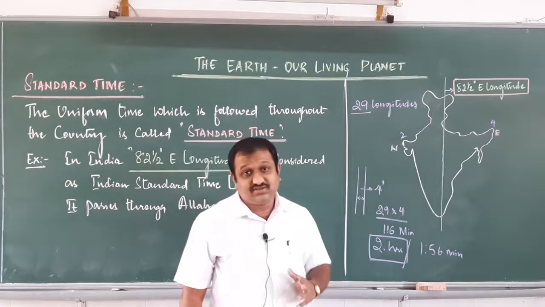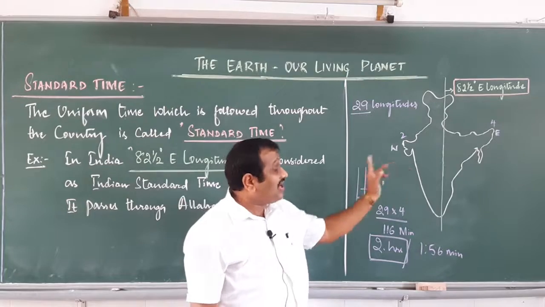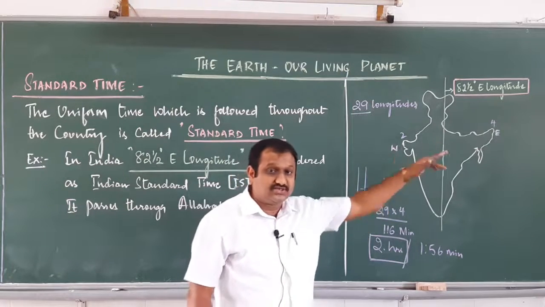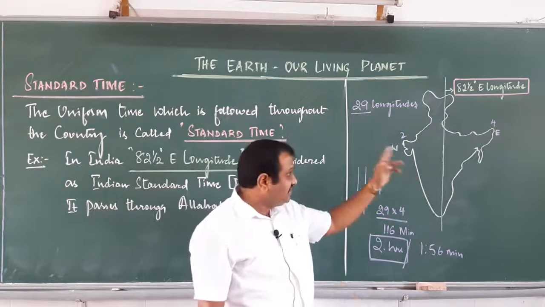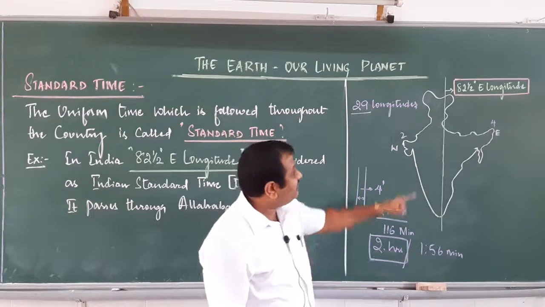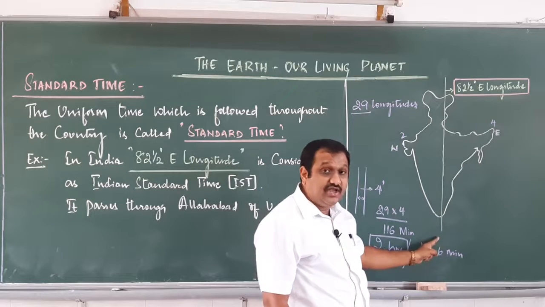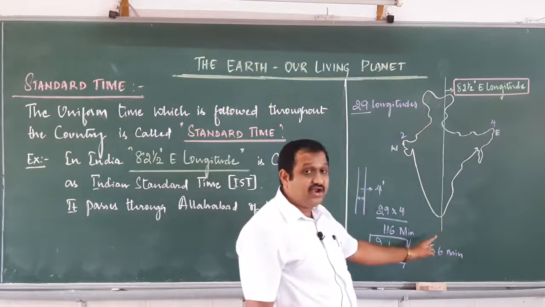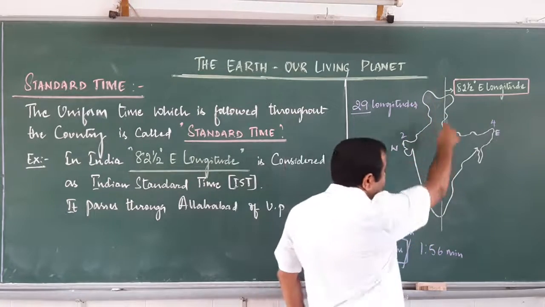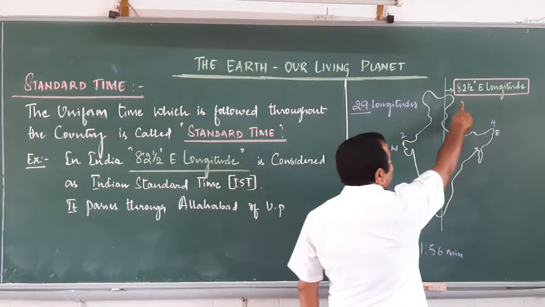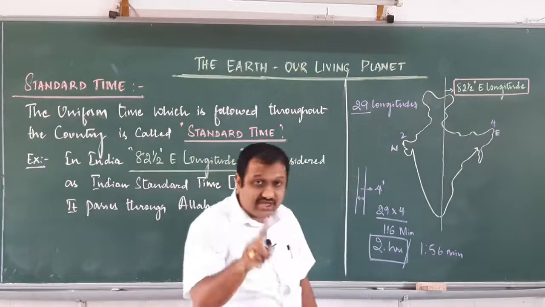So in order to avoid the confusion of this 2 hours gap, we have drawn a single central meridian that passes through the center of the country, and that is called 82.5 degree east longitude.